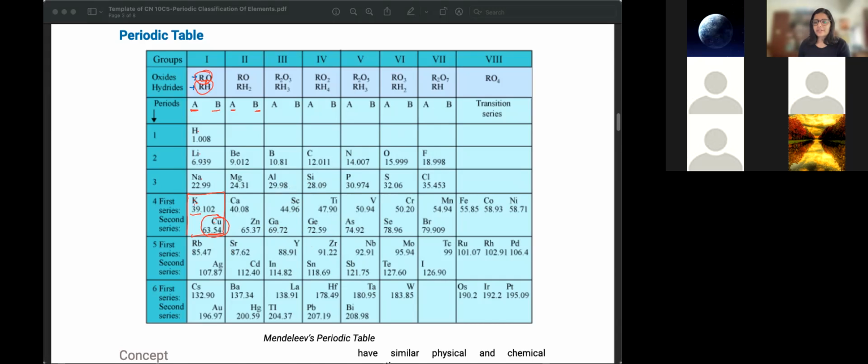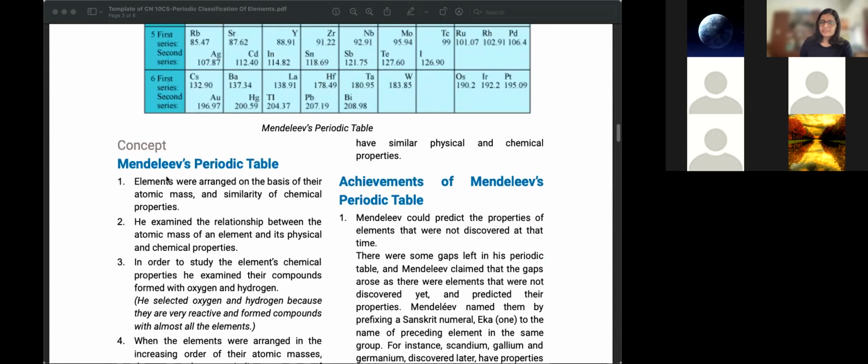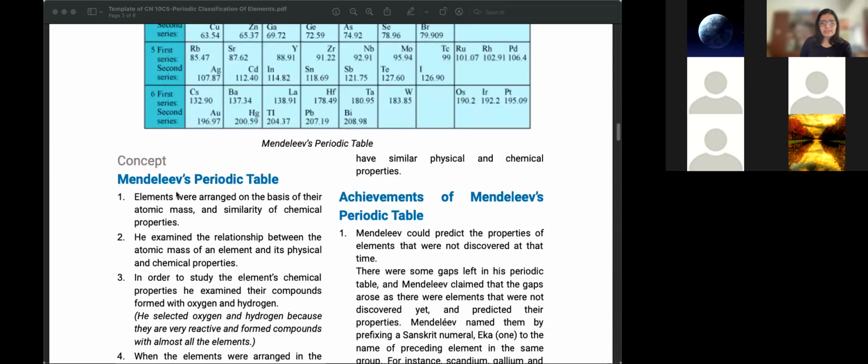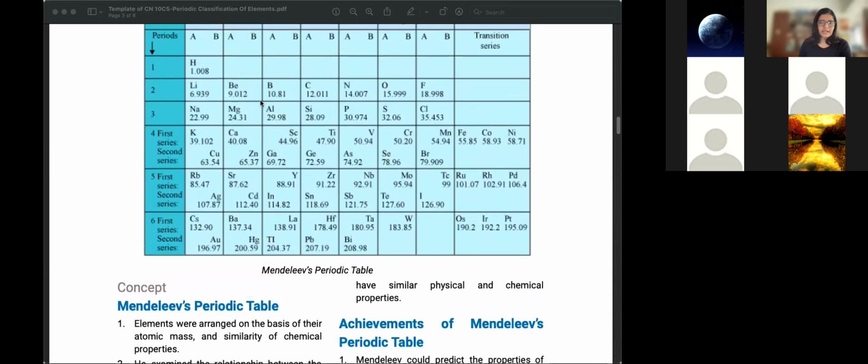Okay, so we'll look at what all are the contributions of Mendeleev's table. Mendeleev's periodic law, the backbone of his classification, is that the physical and chemical properties of elements are a periodic function of their atomic mass.